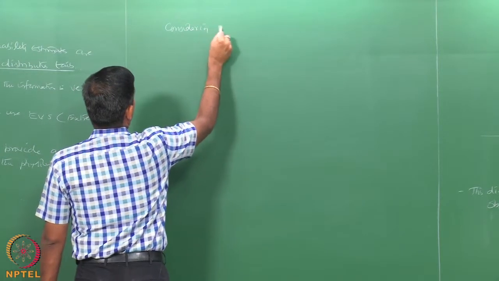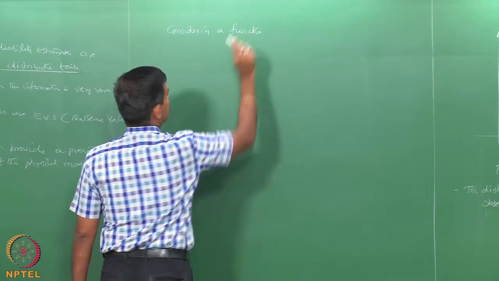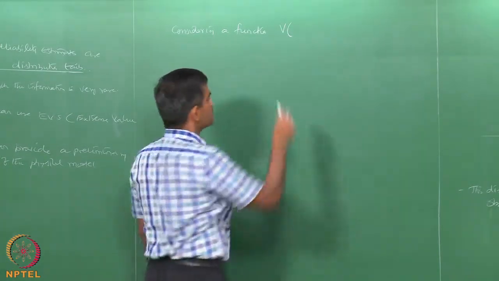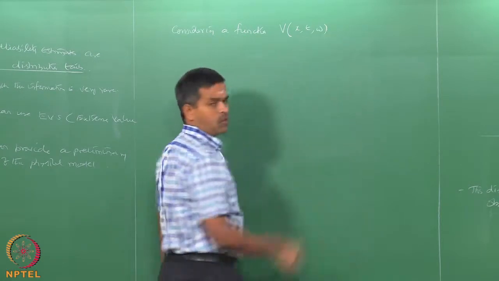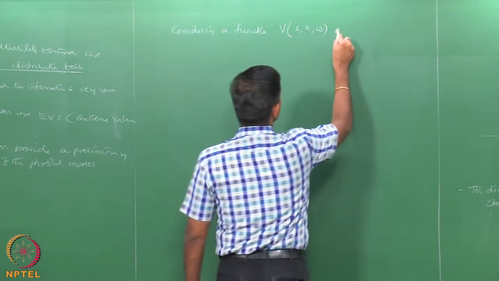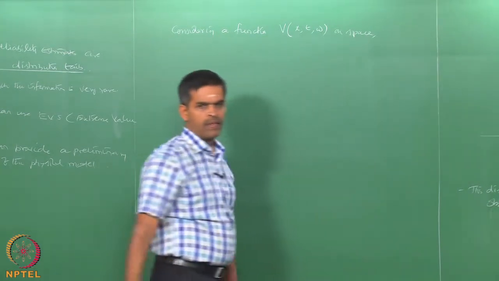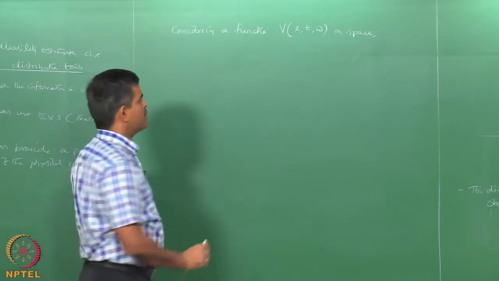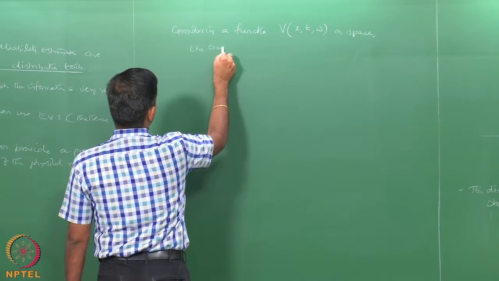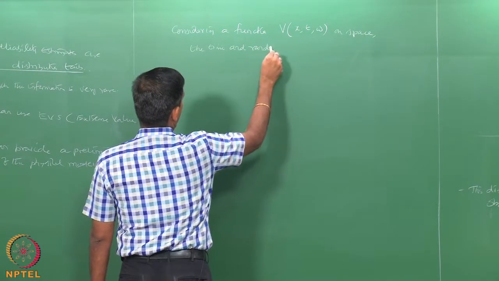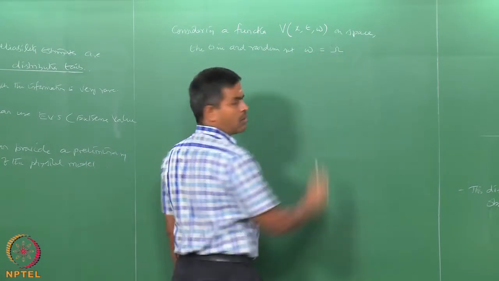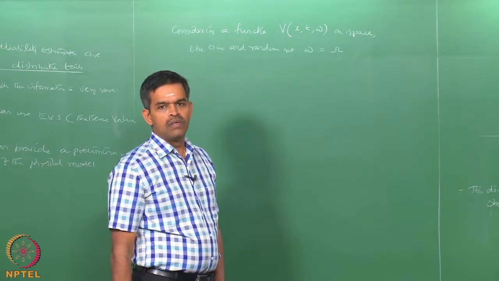Let us say, considering a typical function which is v of x, t and omega, on space, the time and random set; omega becomes an element of sigma.